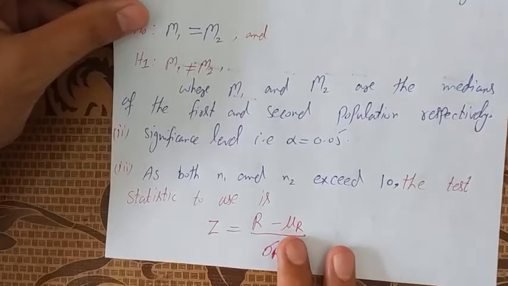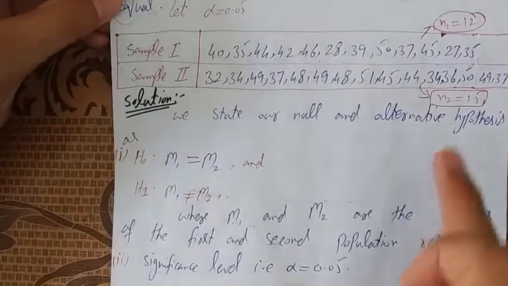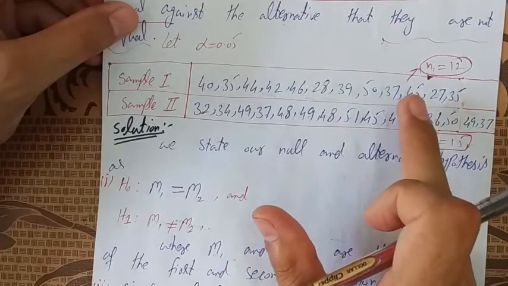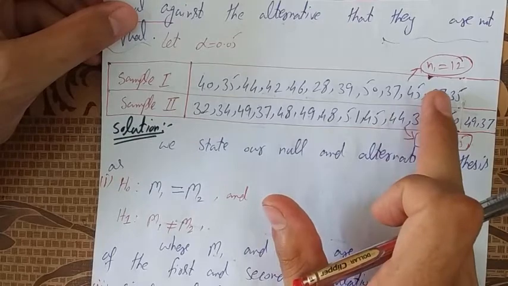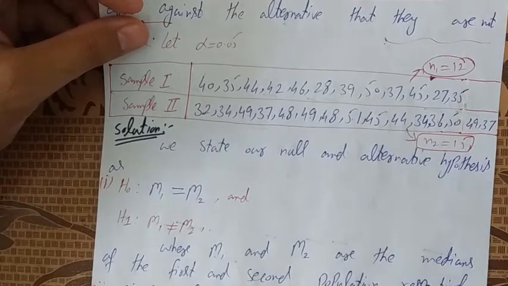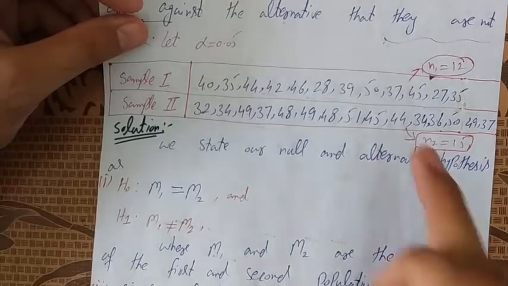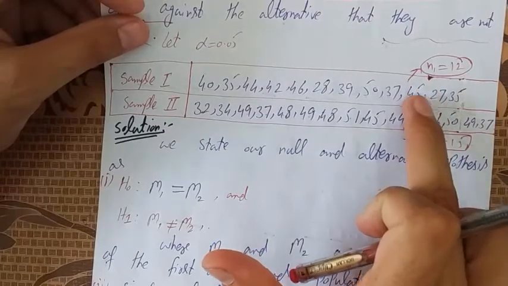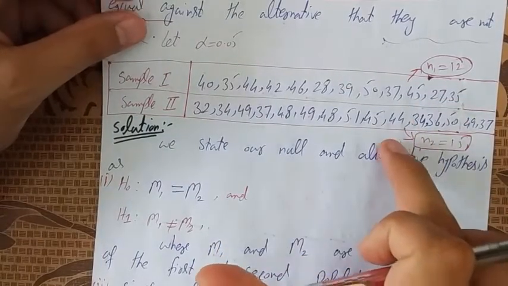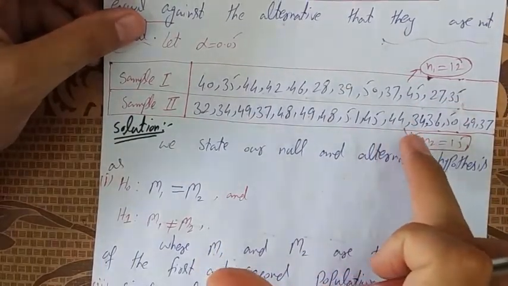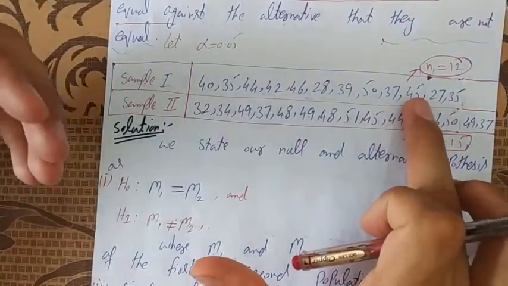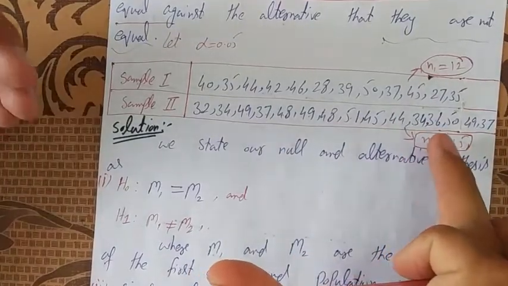If the size of sample 1 or sample 2 is greater than 10, then we use another way for the test statistic.